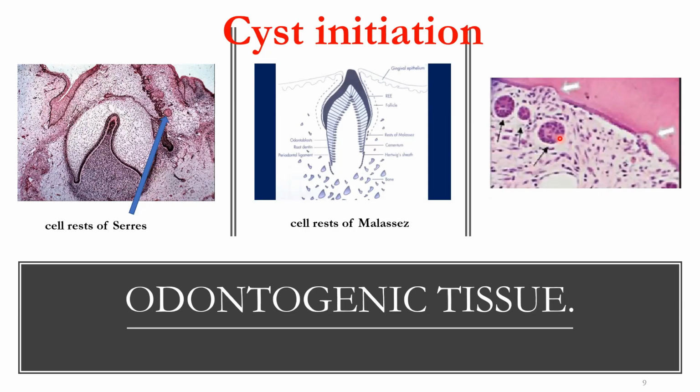So these are the cell rests. The enamel organ itself could also be a reason for the cyst initiation, and even the basal cells of oral epithelium could contribute. So all these are different factors which are responsible for the initiation of the cyst.